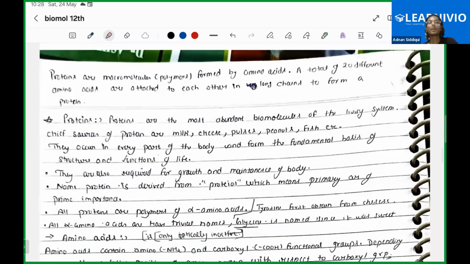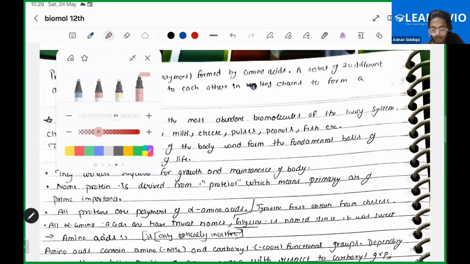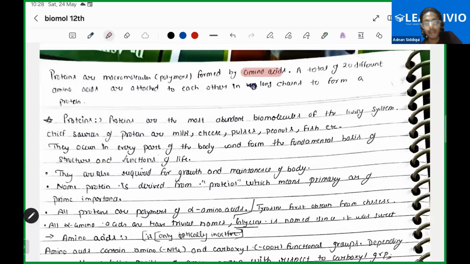So what are proteins? Proteins are basically macromolecules, polymers formed by amino acids. If you have several amino acids and you are connecting them with each other, the end product that you are going to get is protein. A total of 20 different types of amino acids are attached with each other in a long chain to form a protein.